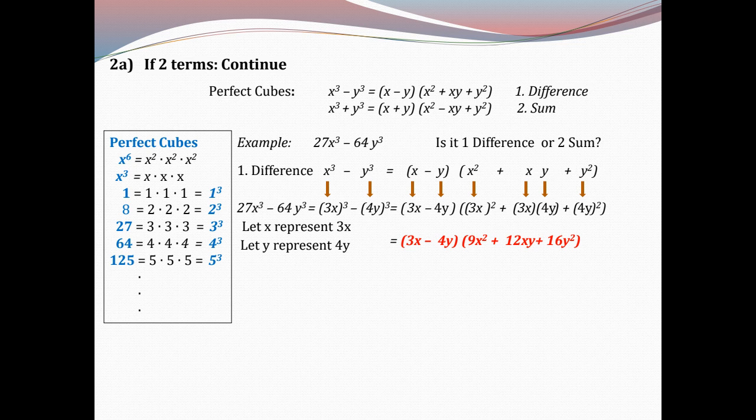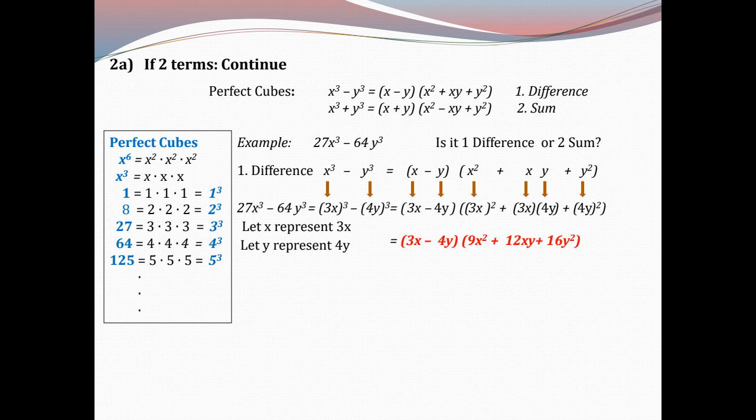Now we're dealing with a number and a variable. The 27 can be turned into a number that has an exponent of 3. That's 3 cubed, which gives me 27. Again, the x cubed is already in a cube format, so I can rewrite 27x cubed as 3x to the third power, or cubed.